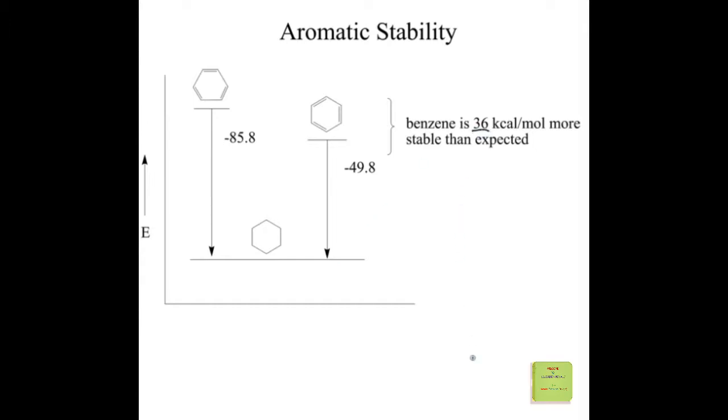Benzene is 36 kcals per mole more stable than we anticipated. We call this the resonance energy. Because it gave less energy off when it was hydrogenated, it must have started out at a lower energy initially, and so we can actually quantify it. That's a huge amount of energy. So there's significant resonance going on in this molecule.